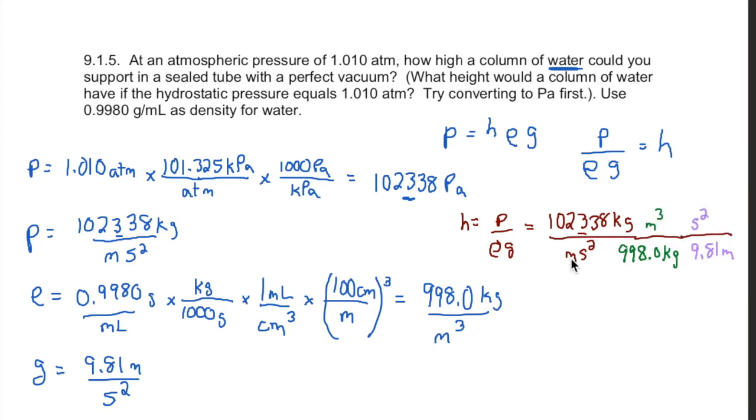So we have 2 meters in the denominator, 3 in the numerator. We'll go ahead and make this a 1 and cancel these other ones. Our seconds squared are going to cancel. Our kilograms also cancel. And so we are left with just meters, which is something that height can be in. And this ends up being 10.5 meters.